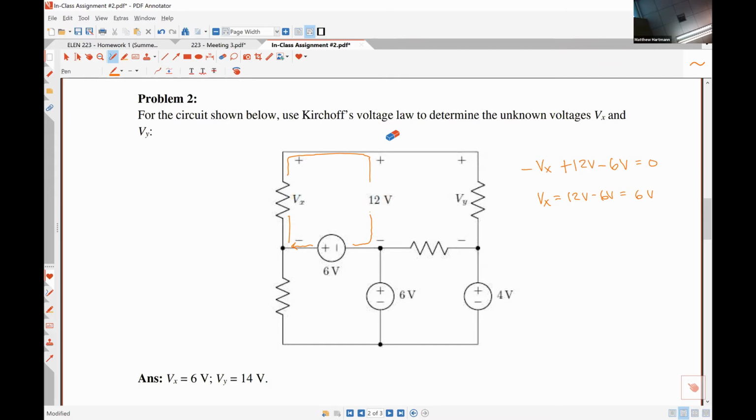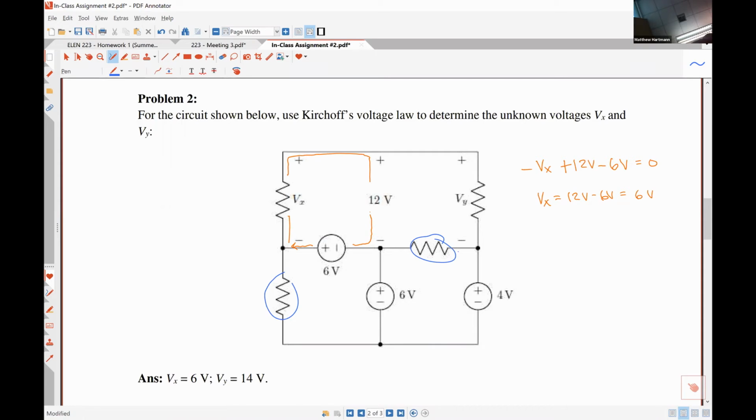So now let's find a path to get the voltage Vy. I have a couple of resistors here, this one and this one, that don't have voltage drops associated with them. So I'm trying to avoid them, although I could technically figure out what those voltages were just using Kirchhoff's voltage law.